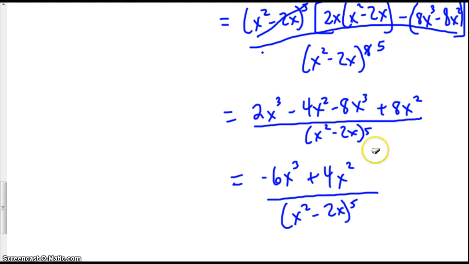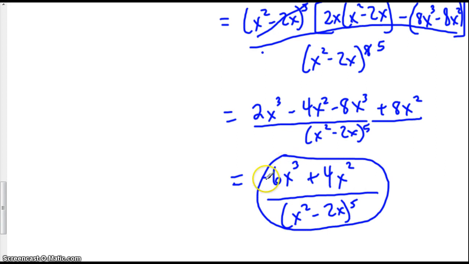Just notice that this does not look like a power. Let's make sure it does before we stop here for the night. So our derivative of our last problem is negative 6x cubed plus 4x squared, divided by (x squared minus 2x) to the 5th power. Okay, have a great rest of your evening.